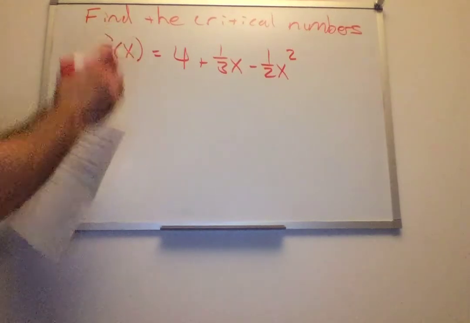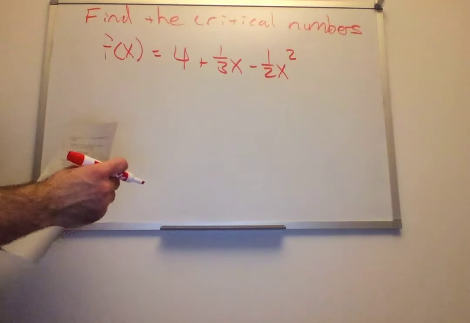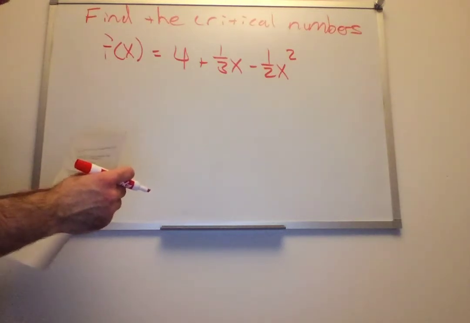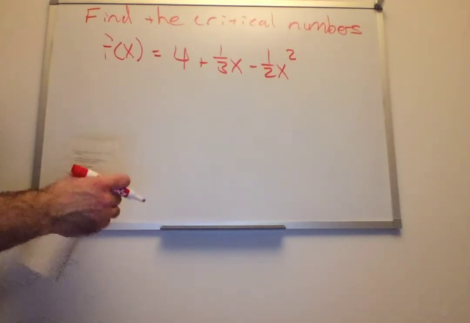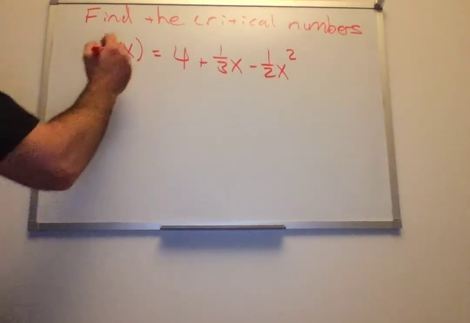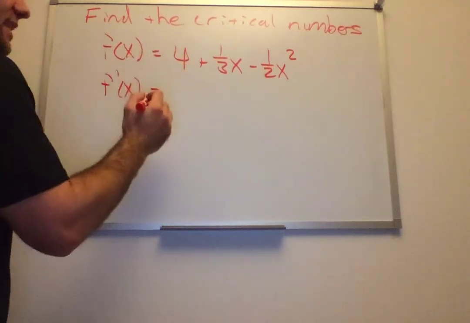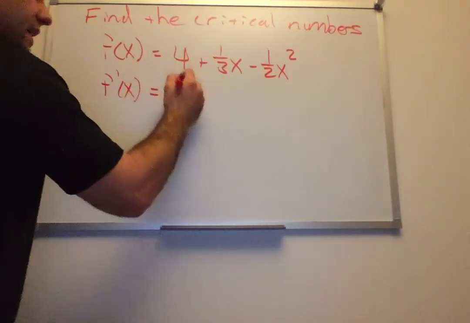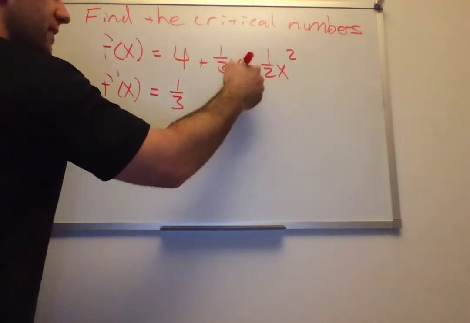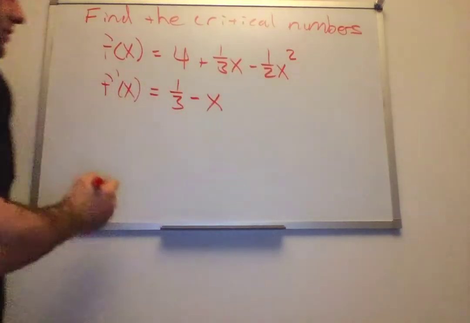If we want to find the critical numbers, there is a procedure: take the derivative, set it equal to 0, and solve. Also take the derivative and see, does it not exist anywhere? Taking the derivative, the derivative of a constant is 0, the derivative of 1/3 x is 1/3, and the derivative of negative 1/2 x squared is negative x.